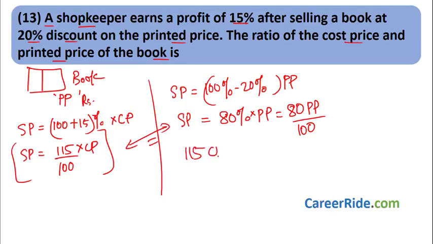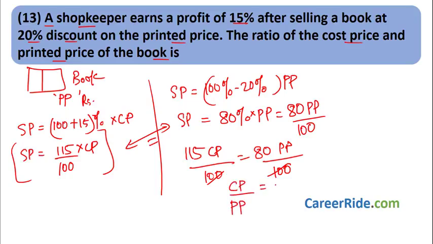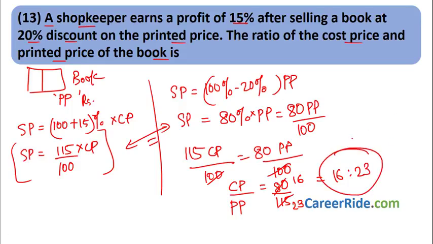So what do we get? 115 CP upon 100 equal to 80 PP upon 100. This gets cancelled. Cost price upon printed price would be 80 upon 115, that is 16 upon 23. So 16 is to 23 is the ratio of cost price to printed price.